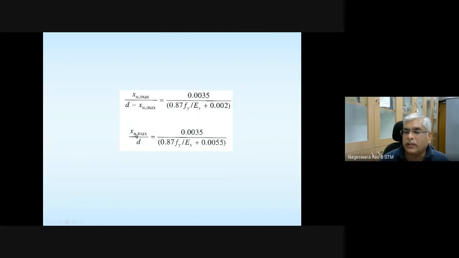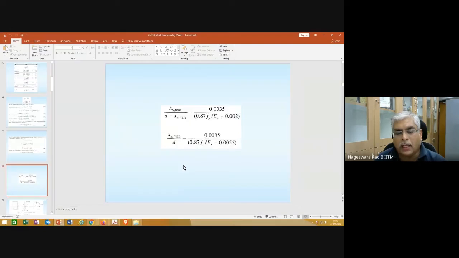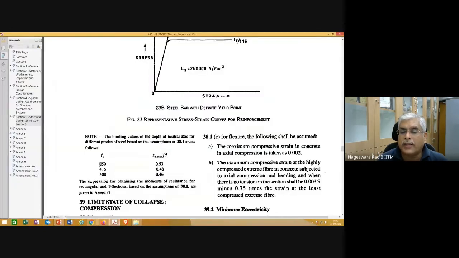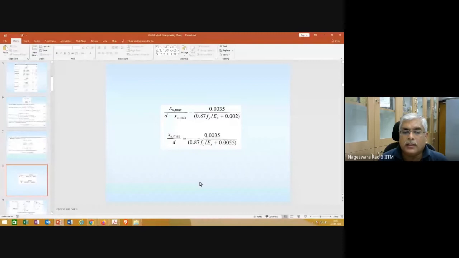Based on that, you can calculate XU max divided by D. That is how these are obtained and given here. Any questions? No questions?